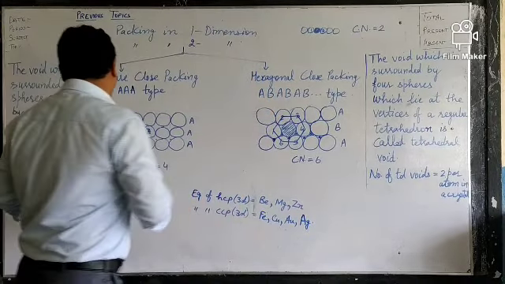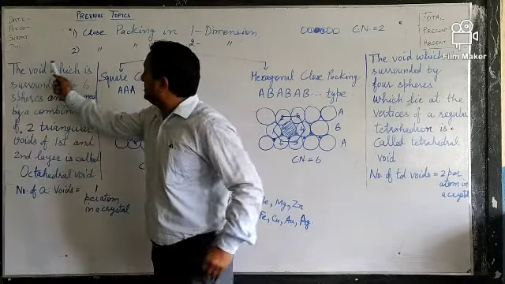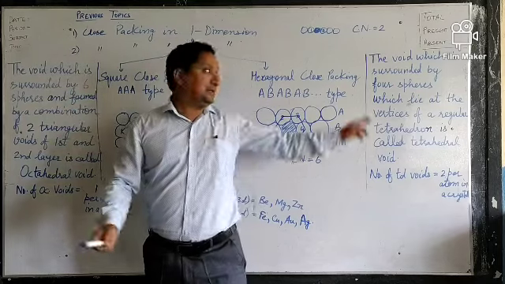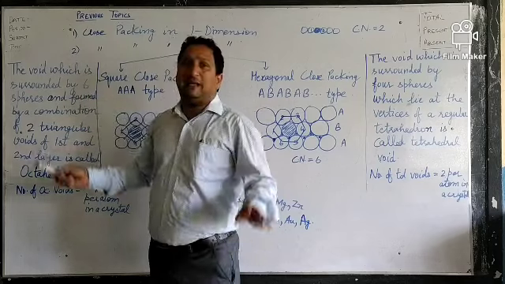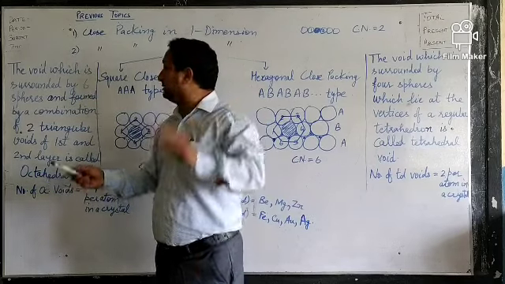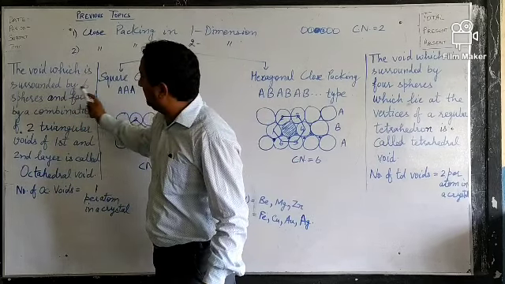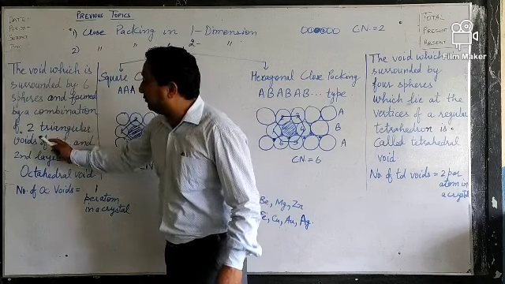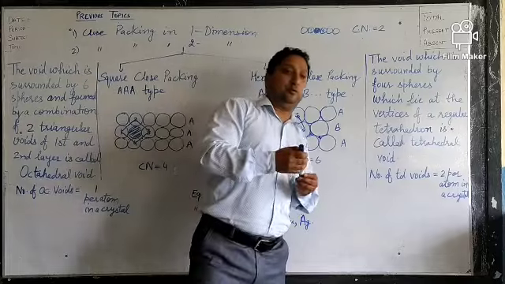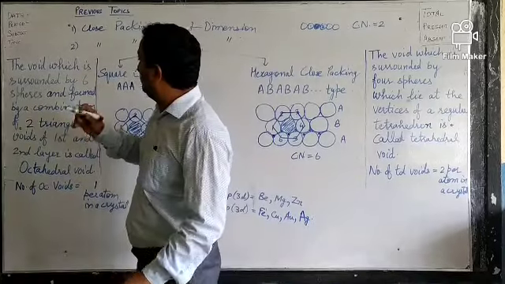Similarly, the octahedral void is the void surrounded by 6 spheres. Tetra means 4; here it is surrounded by 6. Octa means 6. The void surrounded by 6 spheres is formed by a combination of 2 triangular voids. You can break this definition into 2 parts.